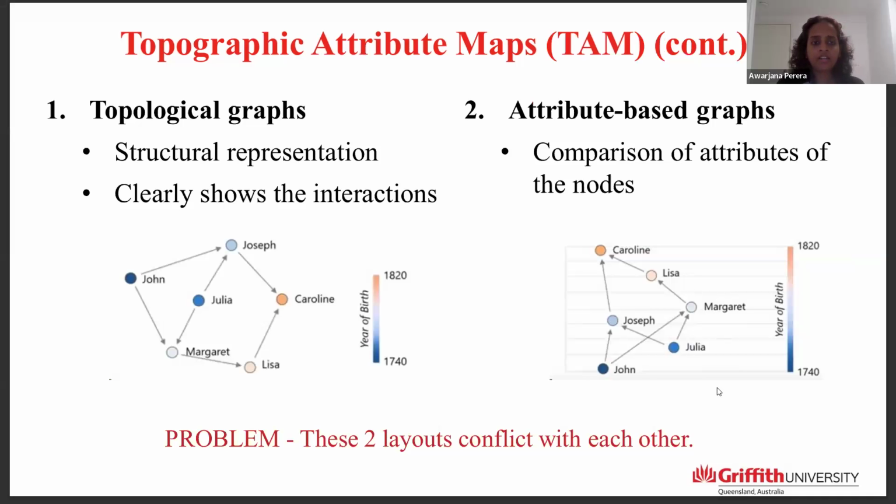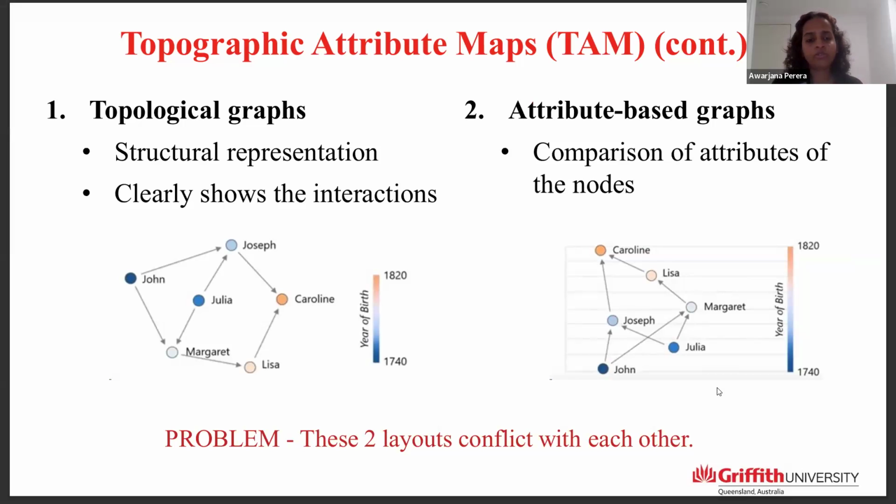And where does this topographic attribute map come from? So the authors in the original paper have classified all the graphs in general into two main types as topological graphs and attribute-based graphs. So topological graphs are the graphs that are used to show relationships of the data with each other.